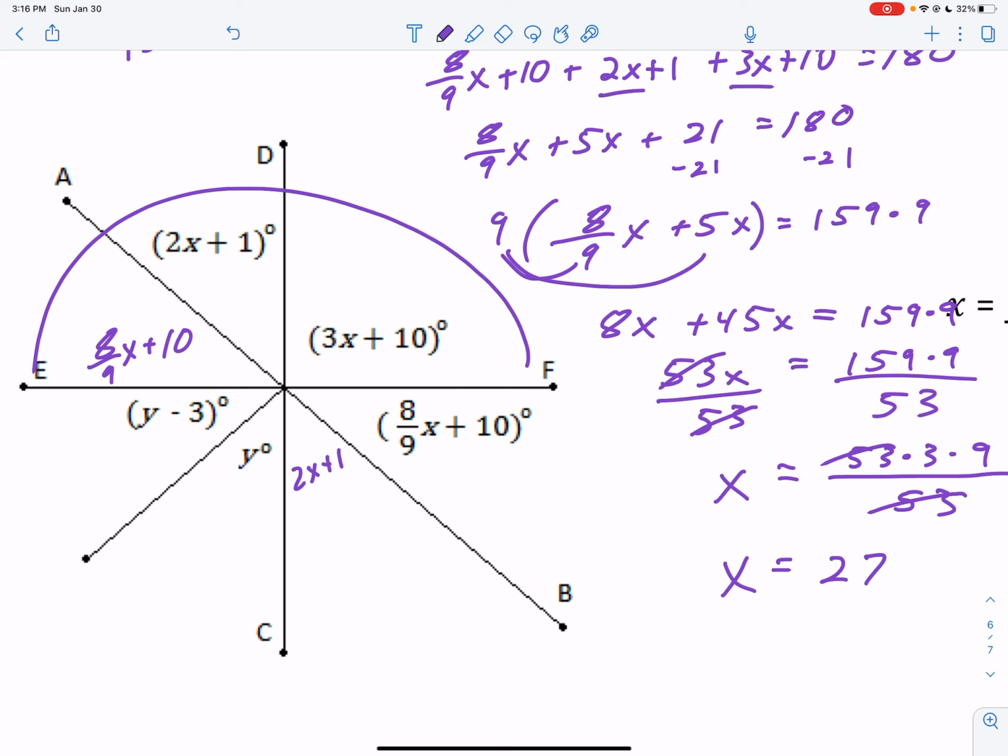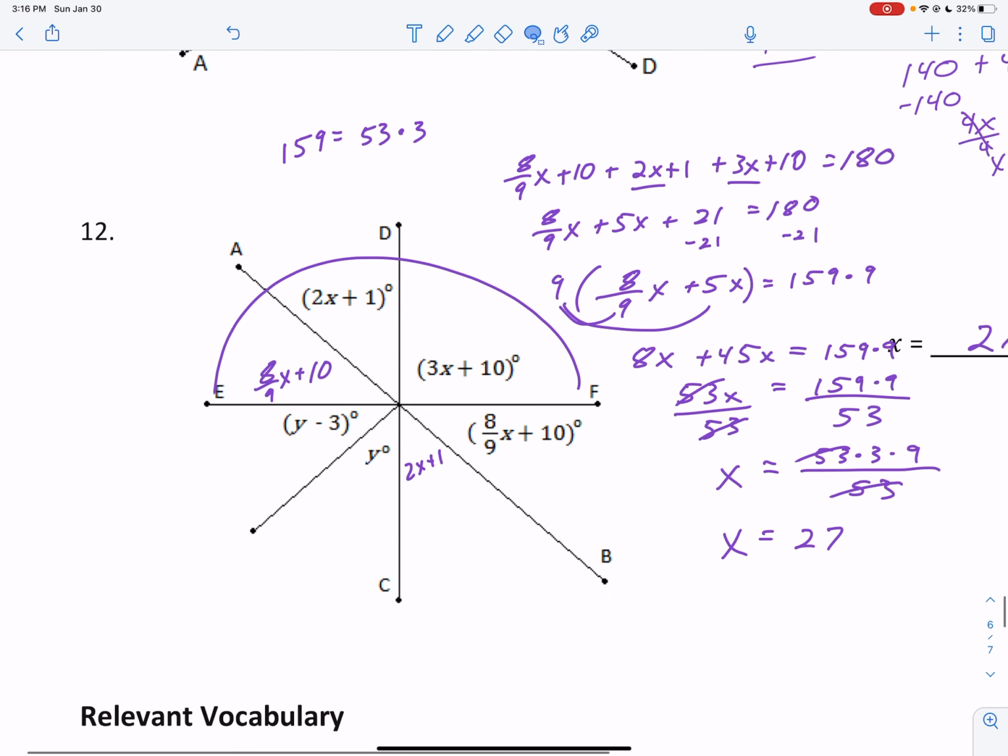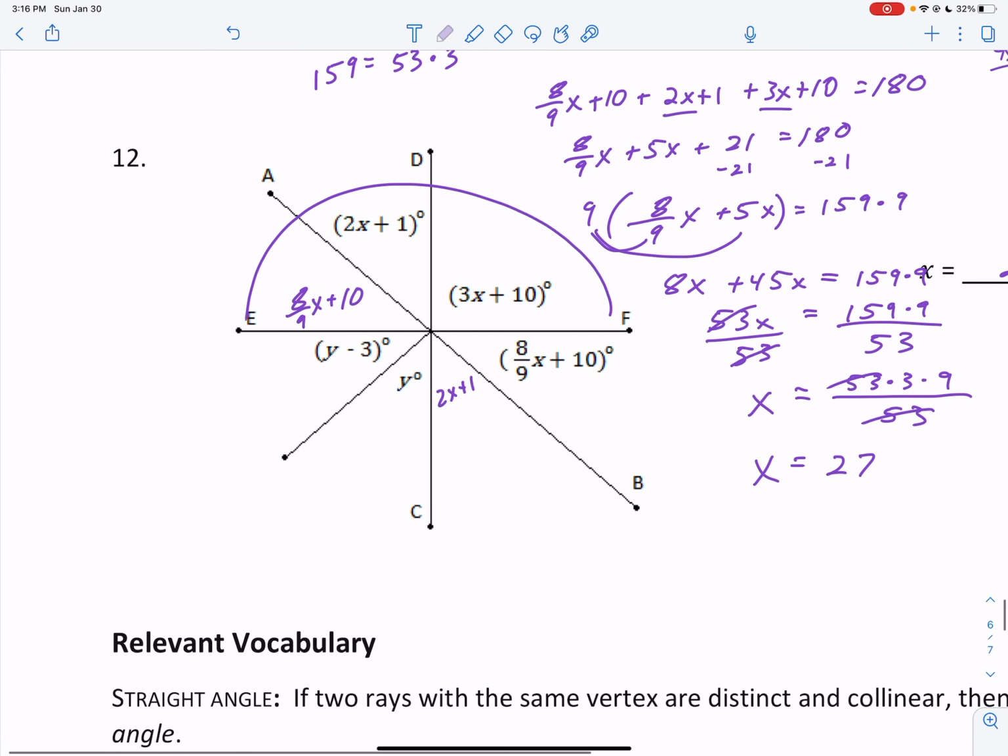So let's. Is there a way to choose something that doesn't have a bunch of fractions showing up? And kind of use some of this space over here. Let's try. What is the easiest one? There's a bunch of straight lines here, which means we have a bunch of things that we can add up to be 180. I feel like this one may or may not be easiest.